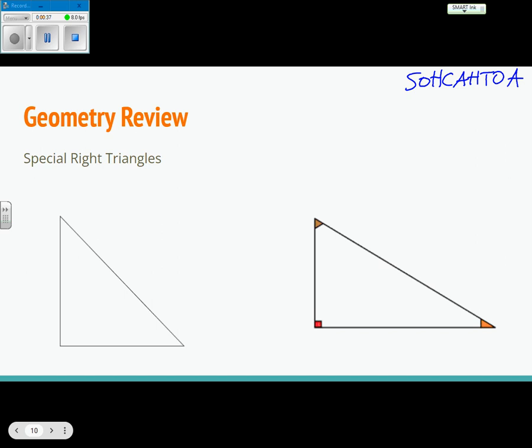Okay, so let's do some more geometry review. I always ask my geometry teachers to cover special right triangles. These are the triangles that your teachers should have labeled 45, 45, 90, and 30, 60, 90.